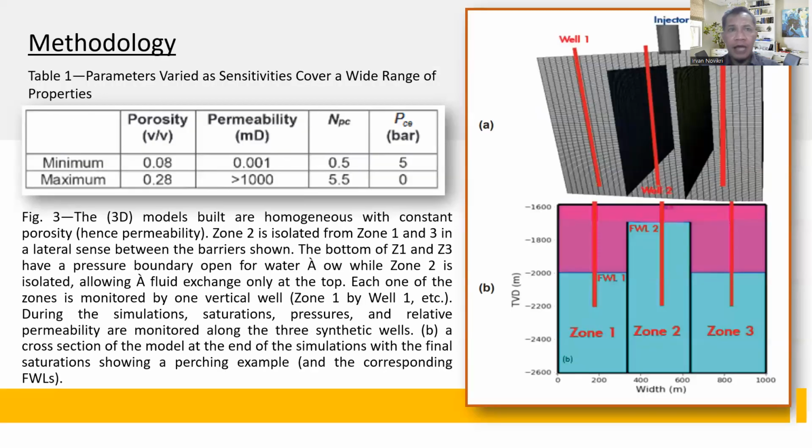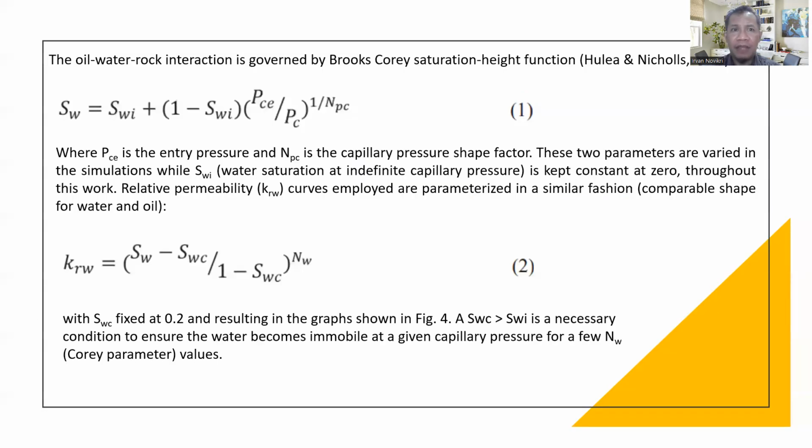Sorry, I'll go back. On the next slide, the oil-water rock interaction is described with one of the famous equations, the Brooks-Corey saturation height function, which was proposed by the researchers in 2012, I think Julia and Nichols.